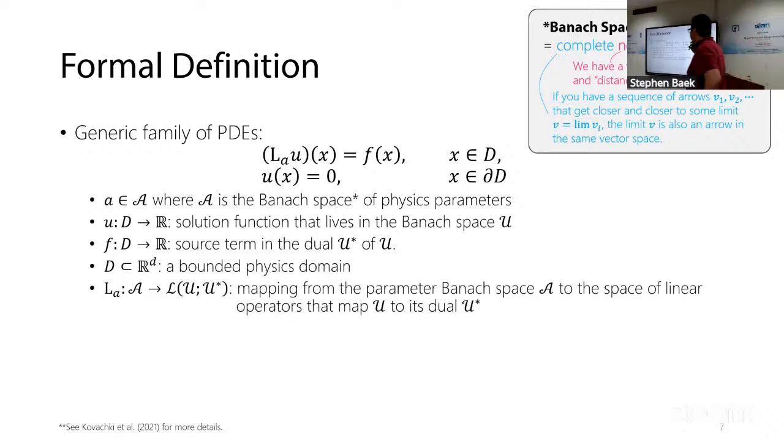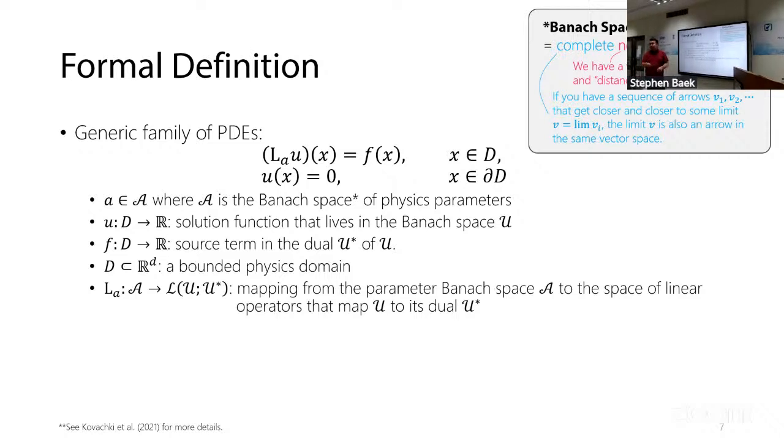Now, the main thing that we're learning today is this operator L_A, okay? As you can see over here, this L_A maps from the parameter Banach space, which is a set of functions that defines the physical parameter at different locations. So we go from the space of those parameters to the space of linear operators.